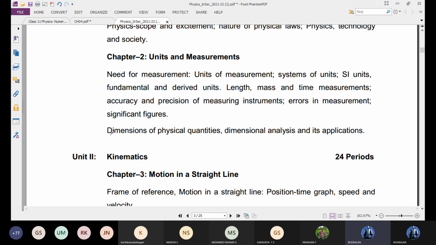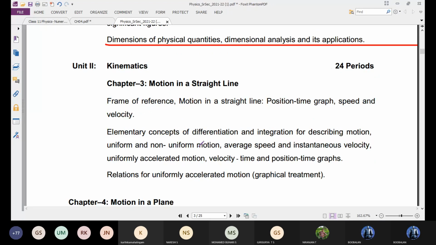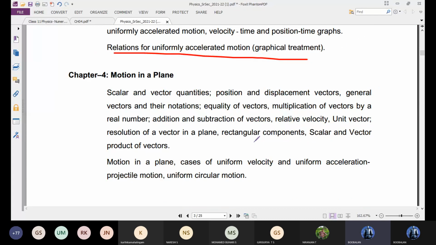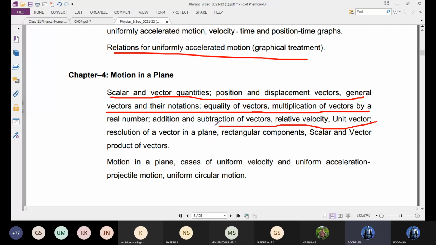I think so. We completed all the areas. Graphical treatment over. Scalar vector quantity, position, displacement vector, general vector, the notation, equation, equality of vector, multiplication, unit vector, relative velocity, the resolution of vector, rectangular component, scalar product, and the vector product.